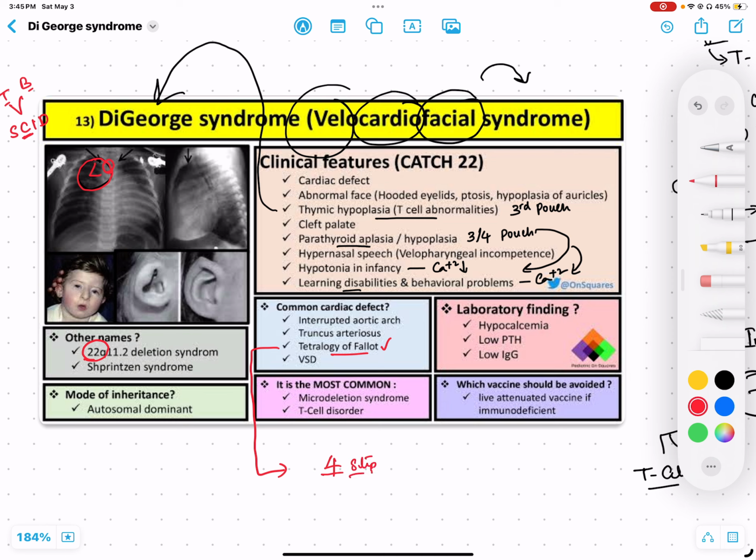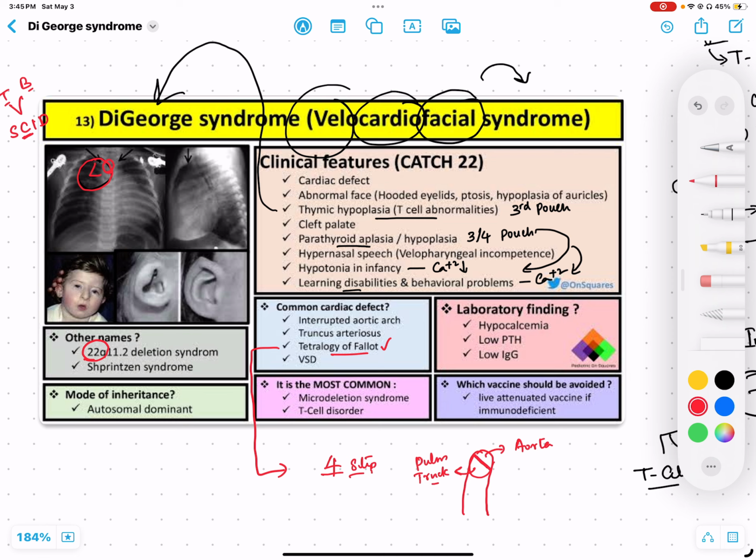So one, the truncus arteriosus has the spiral septum, which divides into the aorta and the pulmonary trunk.